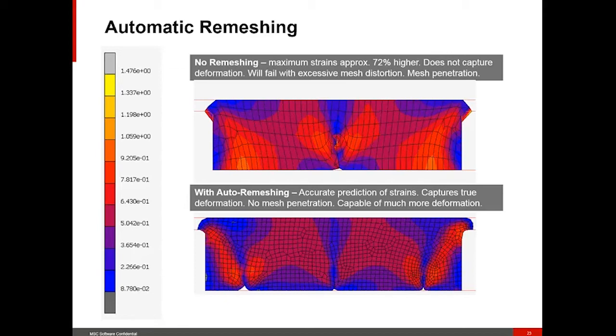We can see that although the load case can be completed without global remeshing, as shown in the upper figure, large element distortions and penetrations are observed. Also, the maximum strain value is 72% higher than the case with global remeshing.